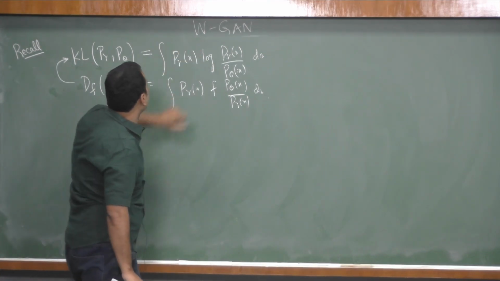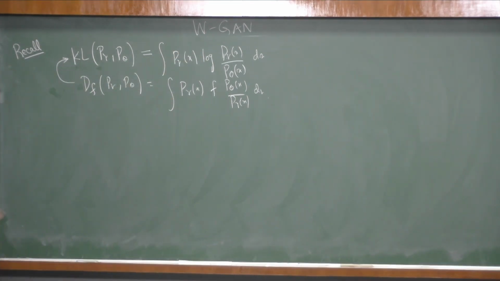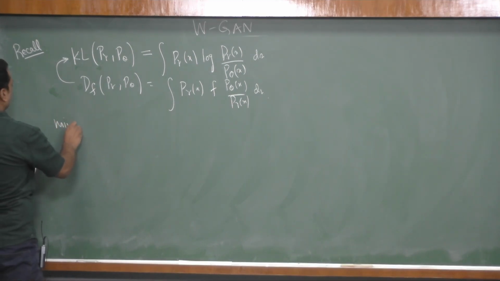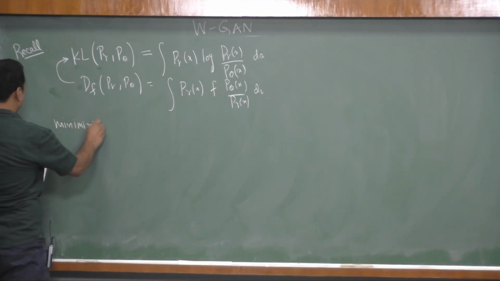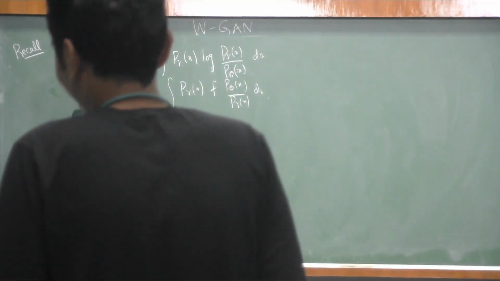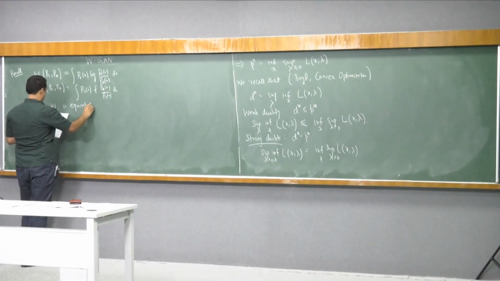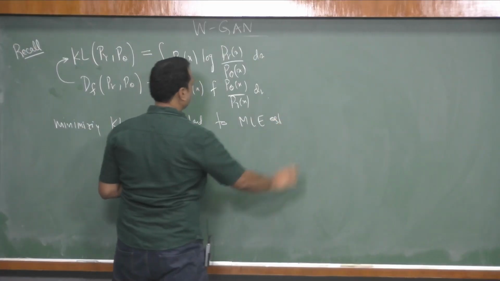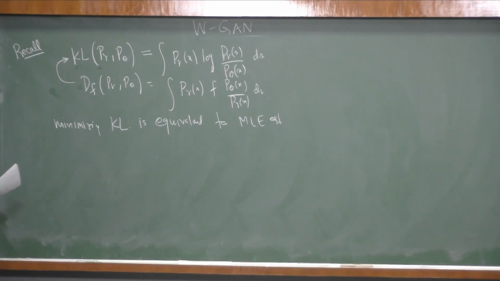It's also a probability measure, but does not belong to this class. And we also saw that minimizing KL is equivalent to the MLE estimate. I don't have to do this, we have done this in the last class. There is a proof for that.